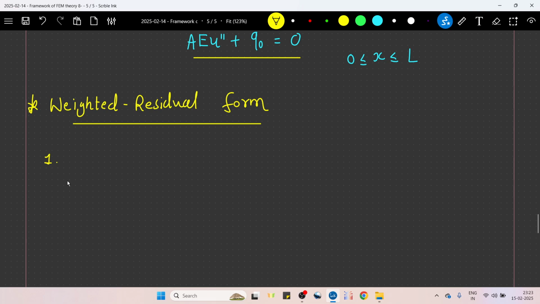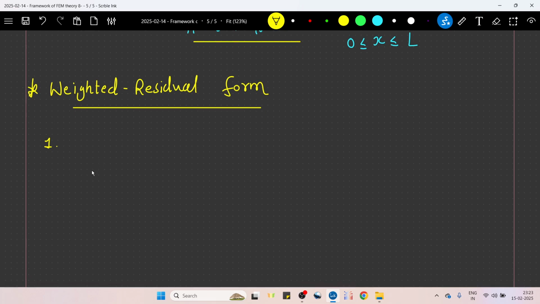Step number one: we will assume a solution, or we can also say a trial function. So we'll assume a trial function. Let's say it is u. We are trying to solve for u, right?